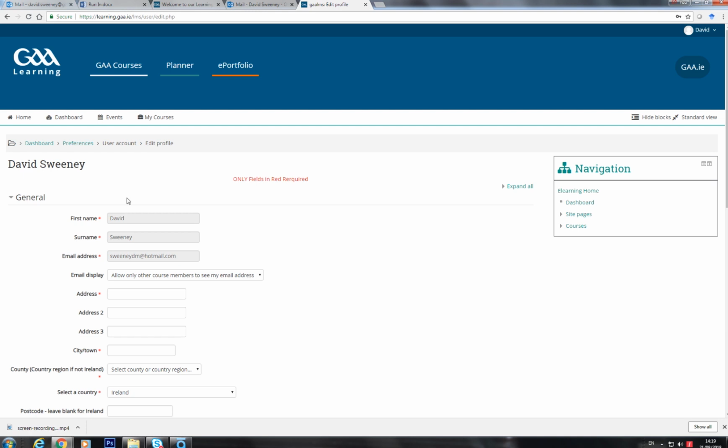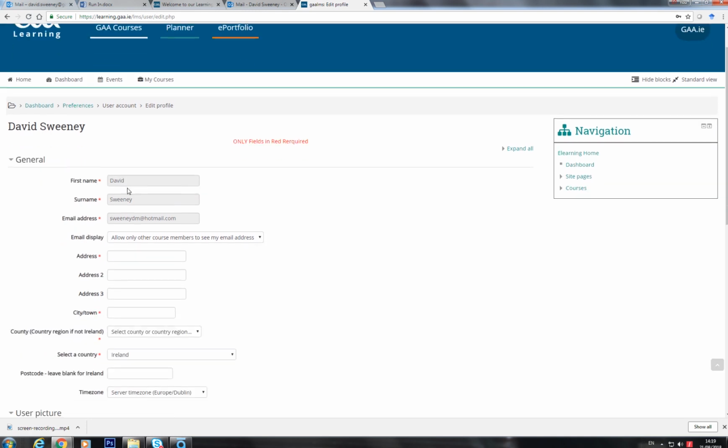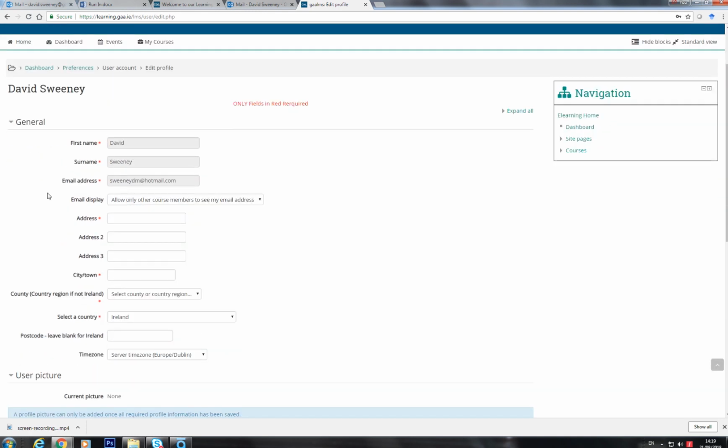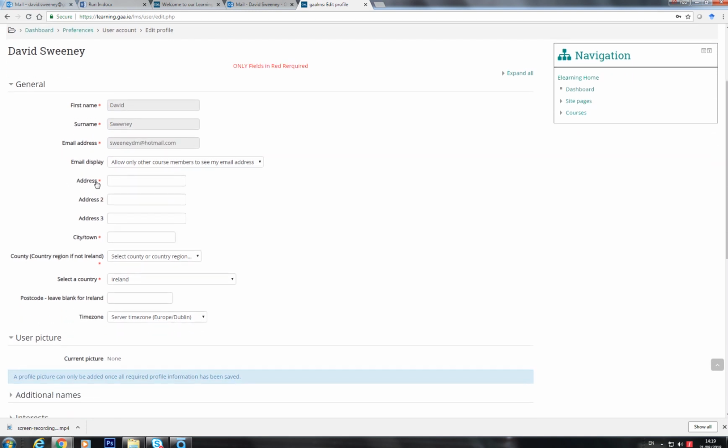First place that I'm brought to is my profile. Please ensure that you complete this profile fully, paying particular attention to the fields that are highlighted with the red asterisk.